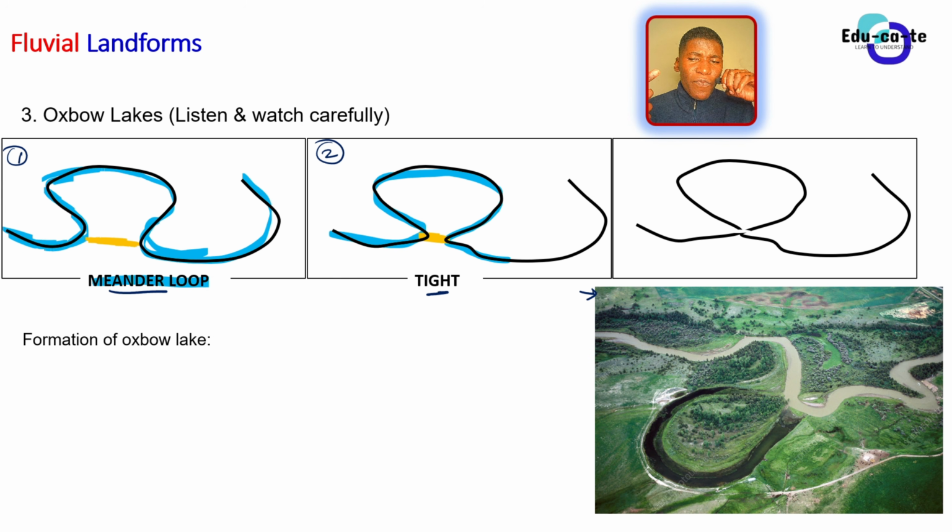So now you'll be asking yourself, what is actually causing this? But before we get to how this happens in the first place, we can look at image number 3. When you look at image number 3, the meander is no longer part of the river. How do we see that? This is the river.